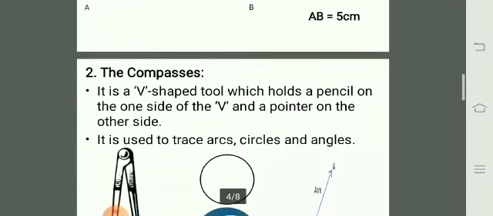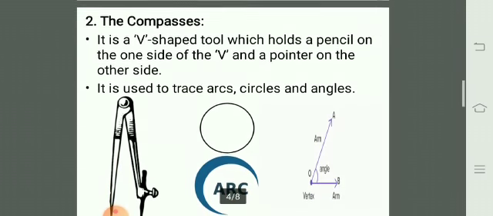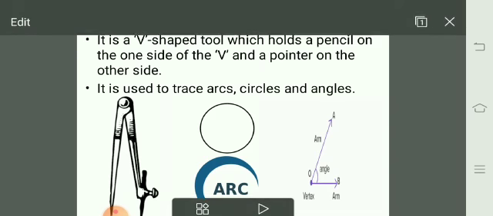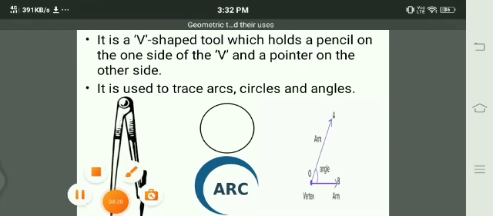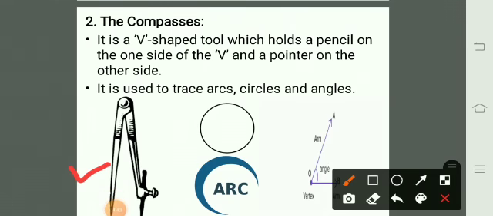Now, second, here we are going to study a device, that is a compass. What is the compass? Here I have shown a sketch of a compass. If you observe, one point of the compass is a fixed one.